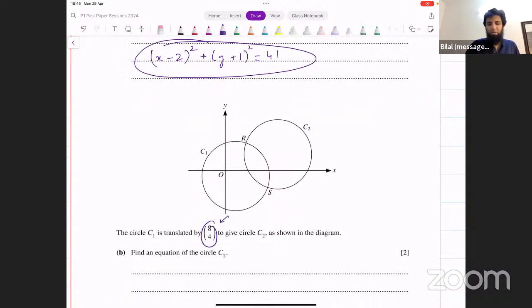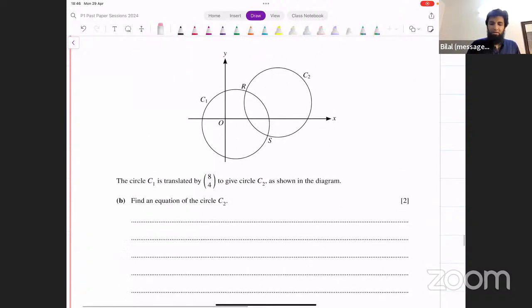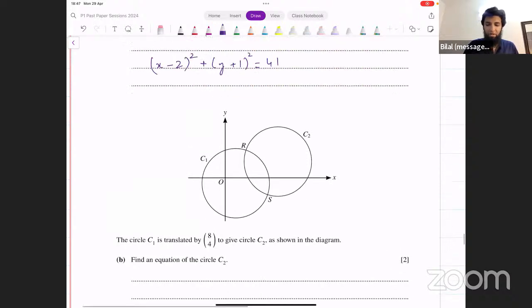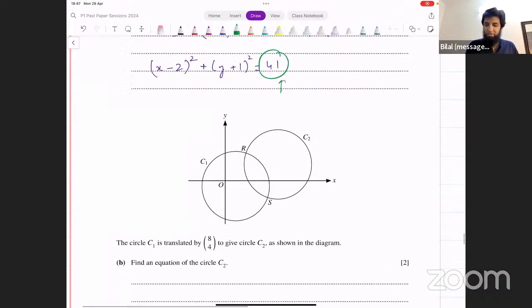That's one idea, but it's going to be easier to think of it like this, that since the circle is translated, the radius of the circle is going to remain the same as before, right? Because translation does not change the shape of the figure or the size of the figure. Radius will remain the same. The only thing that changes is the center.